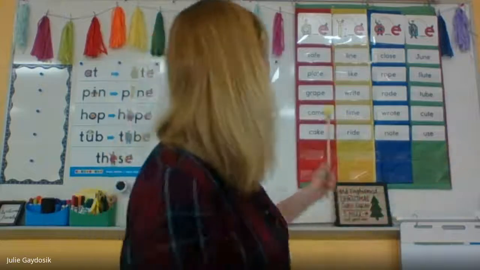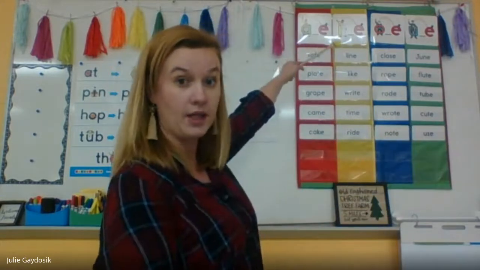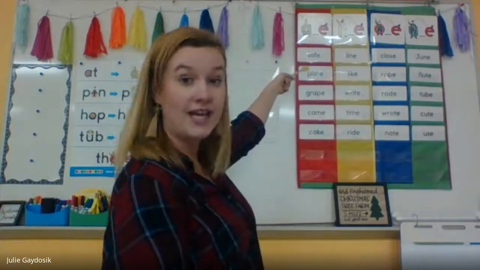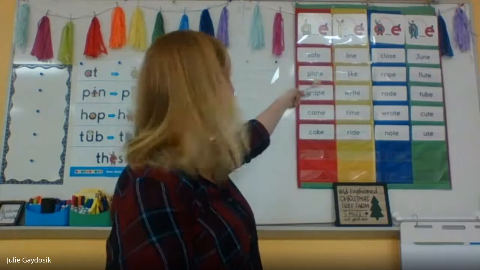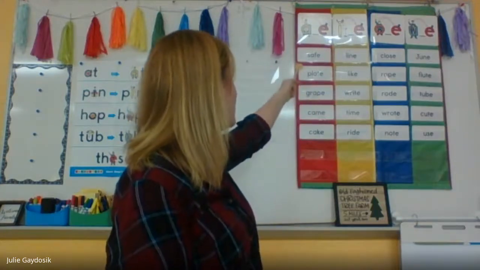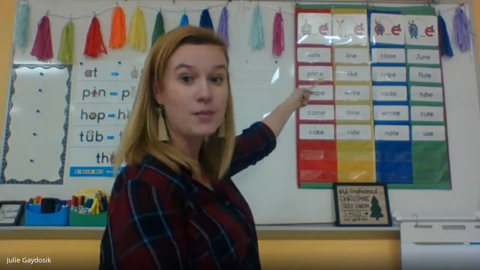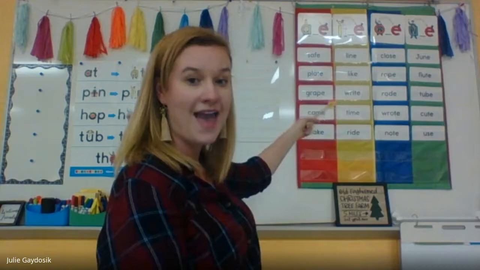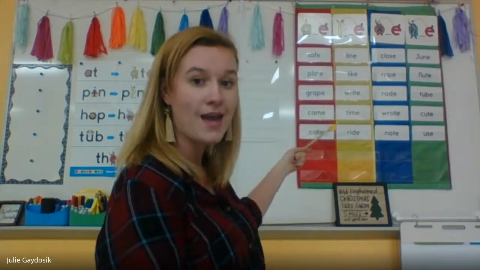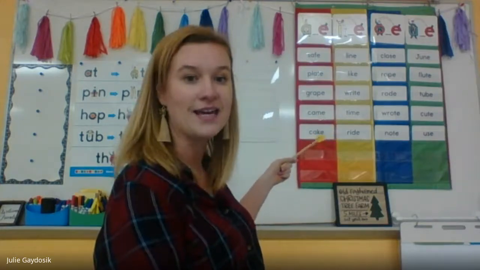So let's start with our first magic E rule that we learned, right? That was with Mr. A, Apron Man, for words like safe, ate, plate, ape, grape, aim, came, and cake.